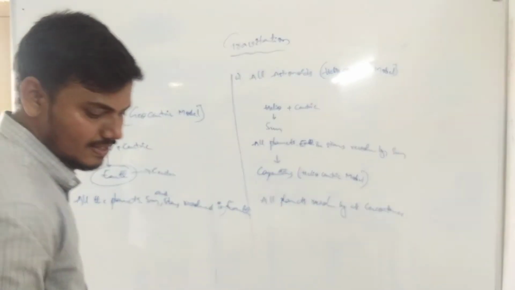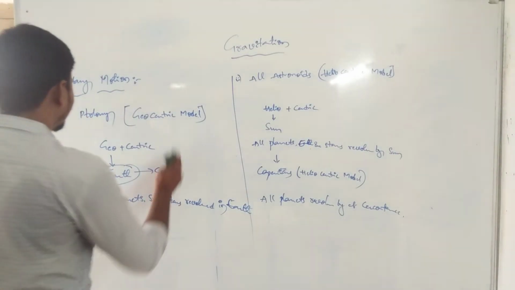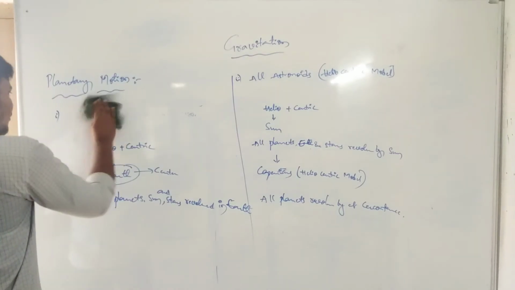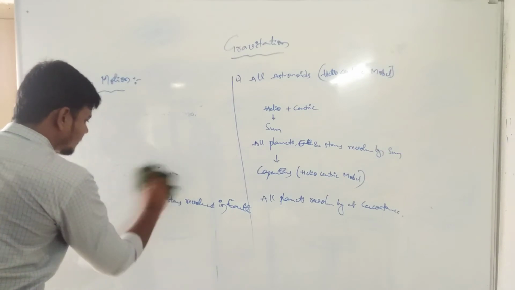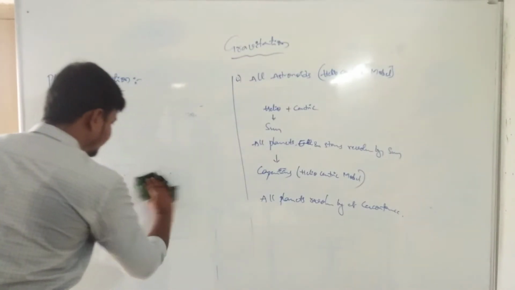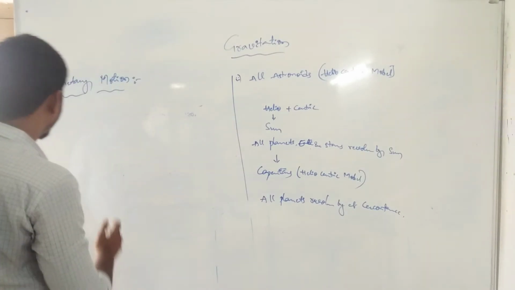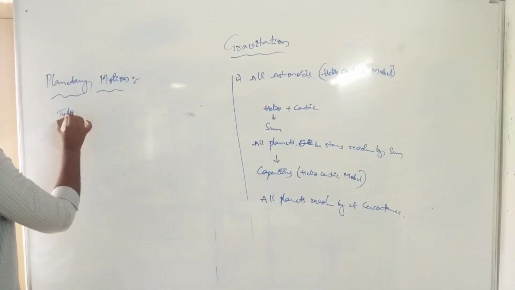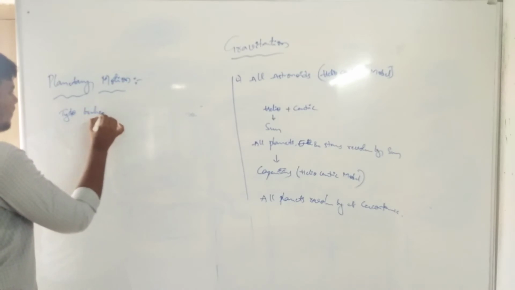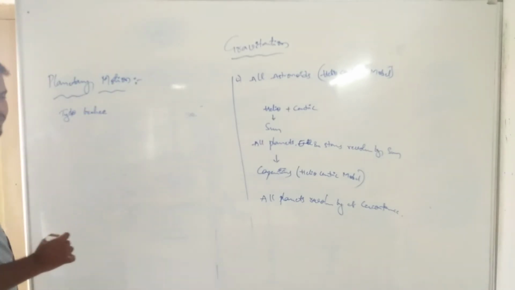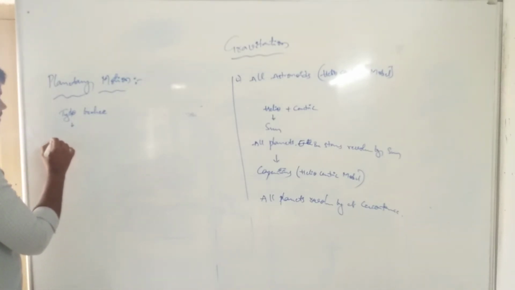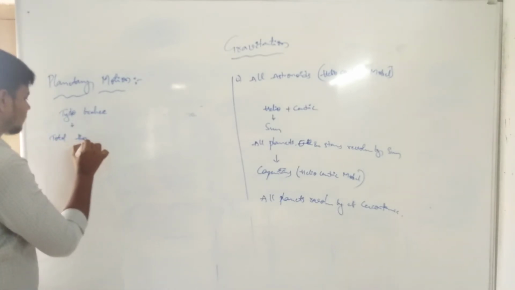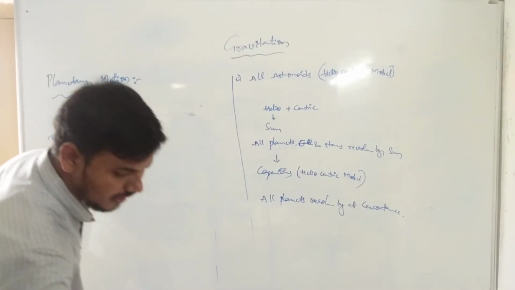Now the next scientist is Tycho Brahe. This scientist, Tycho Brahe, observed the revolving planets over his whole lifetime.